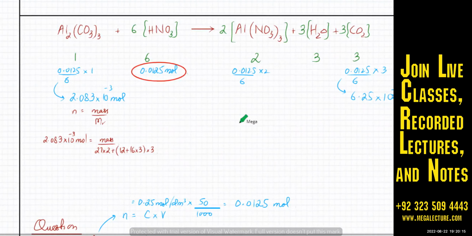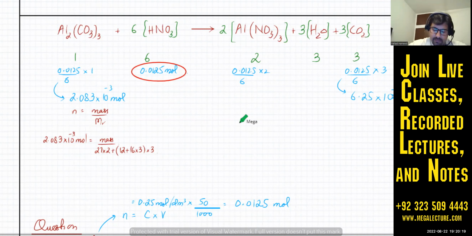So I'll just add one step. Mass will be equal to 234 multiplied by 2.08 times 10 power minus 3.